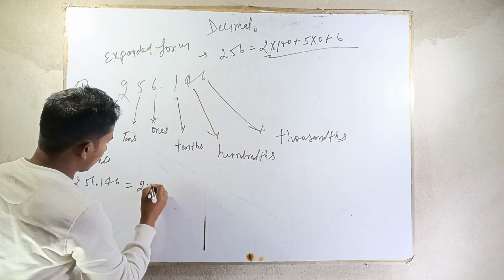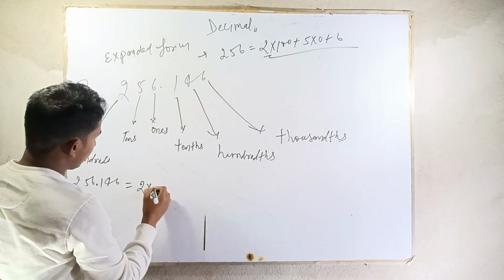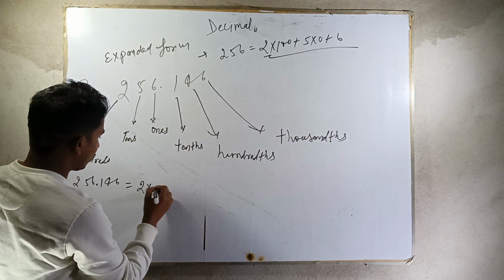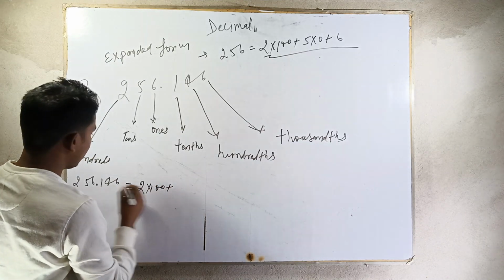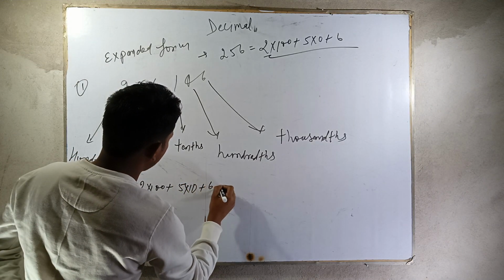Suppose there is 2 cross 100 plus 5 cross 10 plus 6.